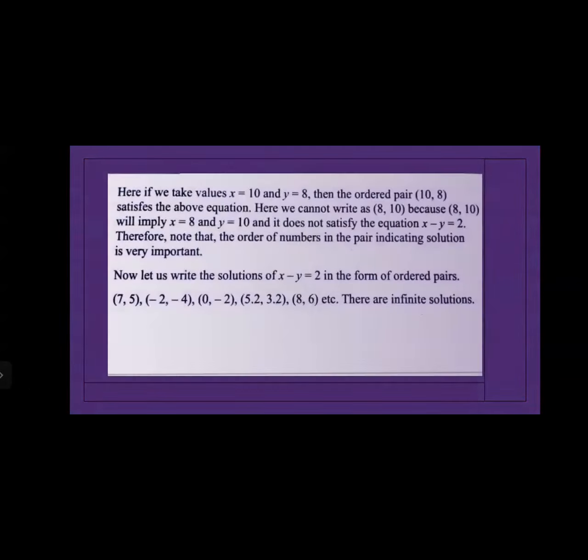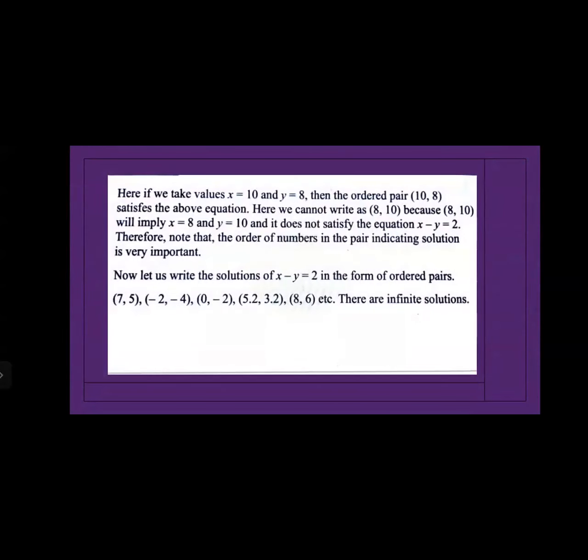So here is the explanation: if the value for x is 8 and y is 10, then the ordered pair should be 8 comma 10. You cannot write 10 comma 8. Why can you not write 10 comma 8?